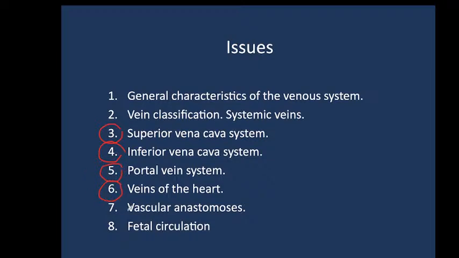At the end of our lecture, I'm going to talk to you about anastomosis. Anastomosis is the connection between veins, vascular anastomosis, and we will finish with the fetal circulation. These are the special features of the circulation in the fetal period and then after birth. Let's get started.